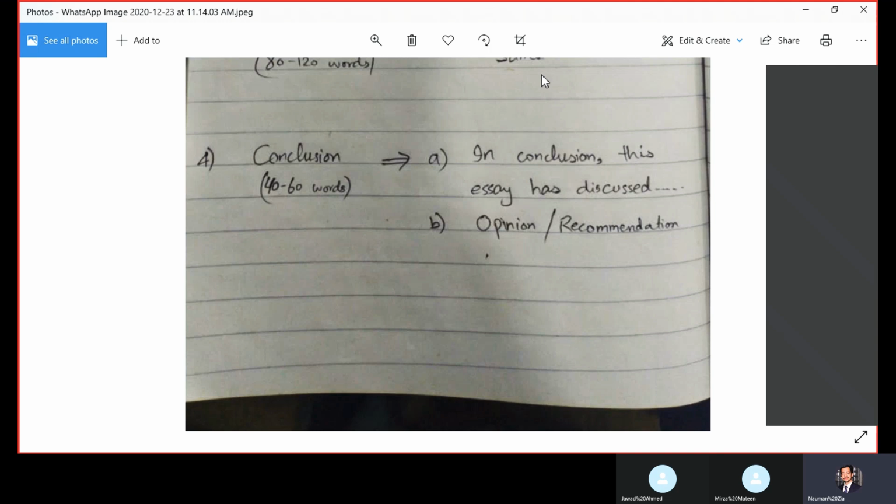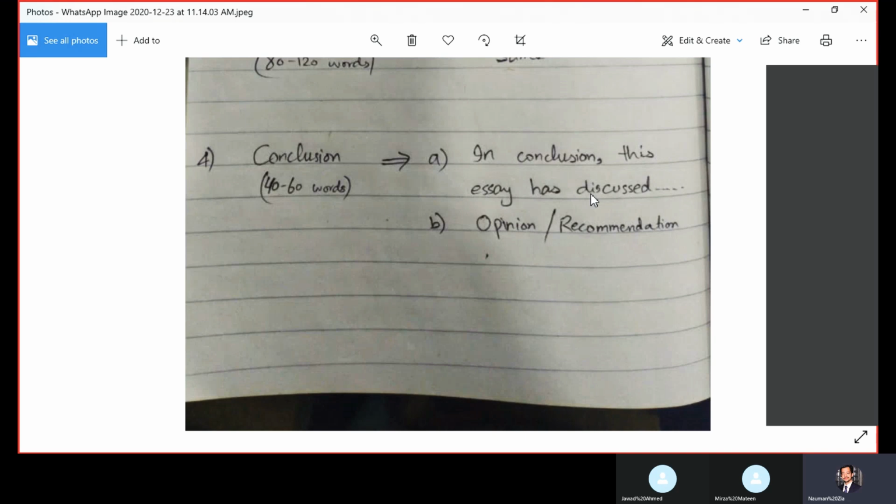And this is how you write the conclusion. First of all, you will start like this. In conclusion, comma, this essay has discussed this. Now, what will you write? You will mention the central ideas which you discussed in body paragraph number 1 and 2. Right? Full stop.